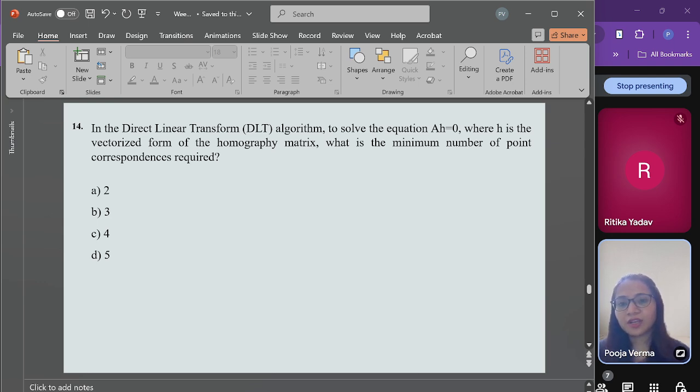Each point correspondence contributes two equations, and since H has 8 unknowns excluding scale, at least 4 correspondences are required for a unique solution, right? So in the previous question, we had seen that H has 8 unknowns excluding scale.